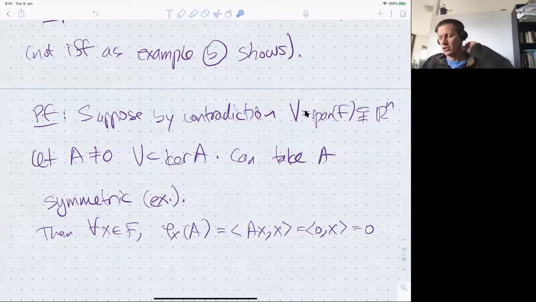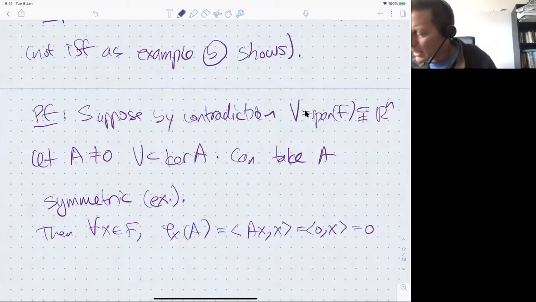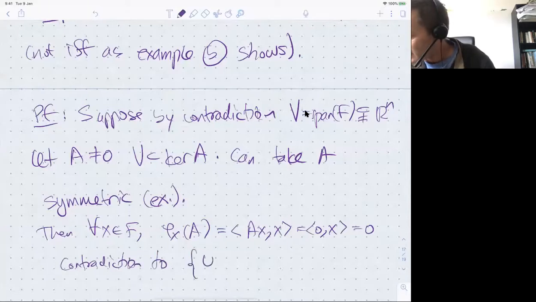So this linear functional gives 0 on A for every x in F, and A is non-zero, so we get a contradiction to the fact that this collection spans the dual.